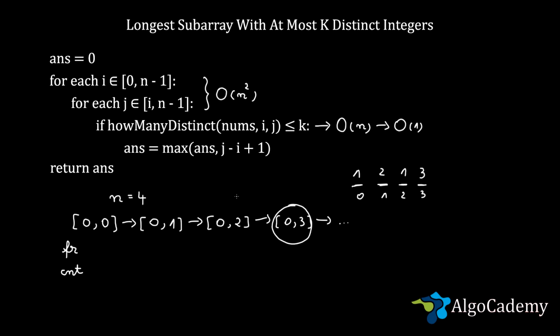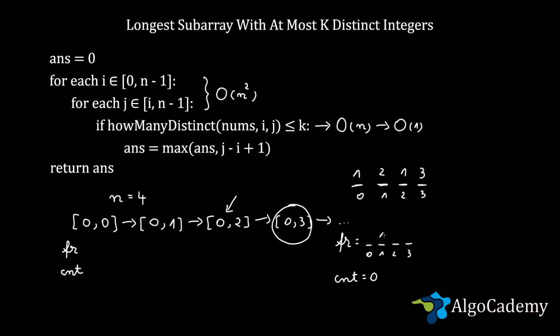Now, when I have solved this problem and counted how many distinct elements are here, what did I do? Well, I started with my frequency array, which is initially empty, right? So let's have a frequency array, let's say indices 0, 1, 2, 3. Had my counter, which was initially also equal to 0. And what did I do? First element, okay.